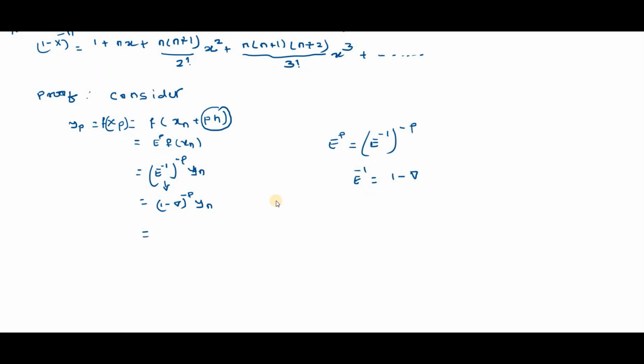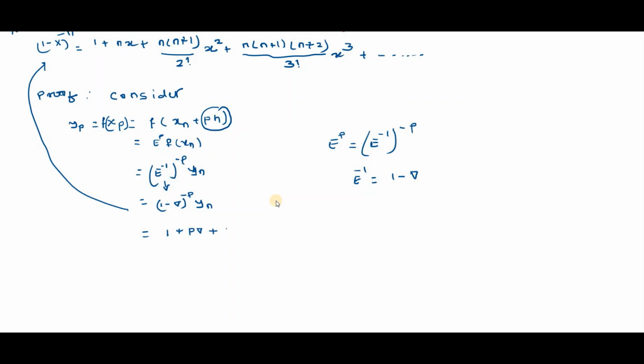Now by using the formula given here, in place of x we have del and in place of n we have p. So that is 1 plus p del.